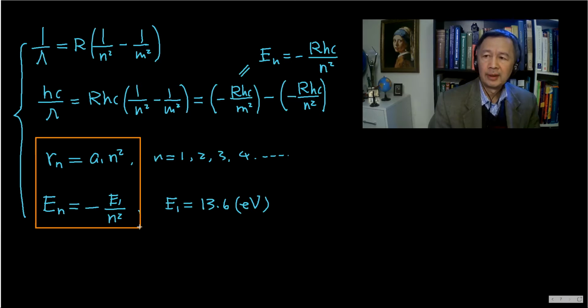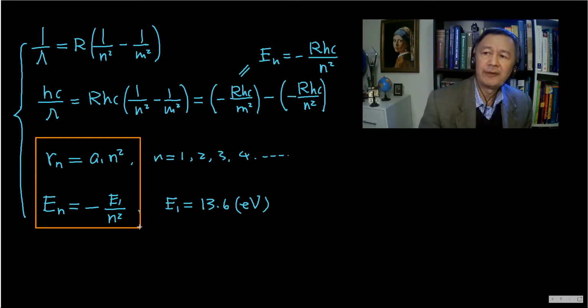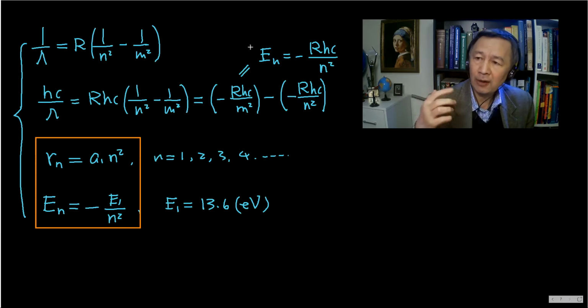Perhaps we can also discuss a little bit the implications of Bohr's model. For example, the first formula, eventually we have to abandon. Namely the orbital idea.